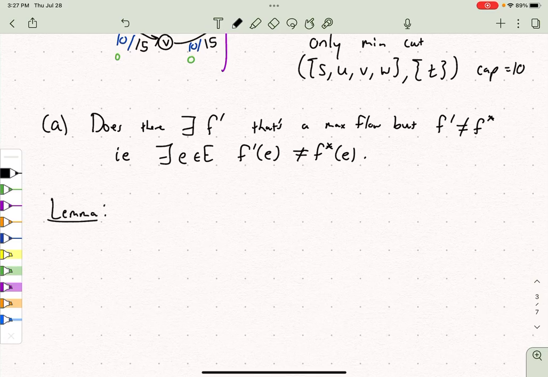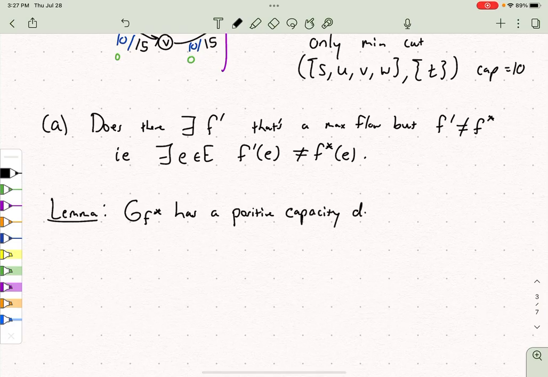So the idea here is the residual graph, G_F star, has a positive capacity directed cycle.